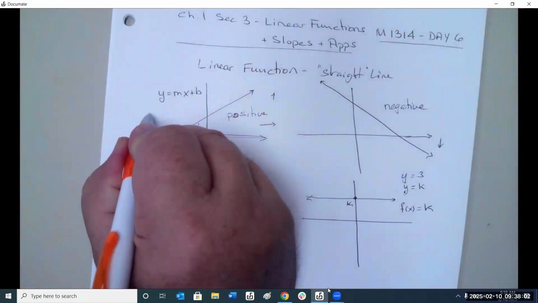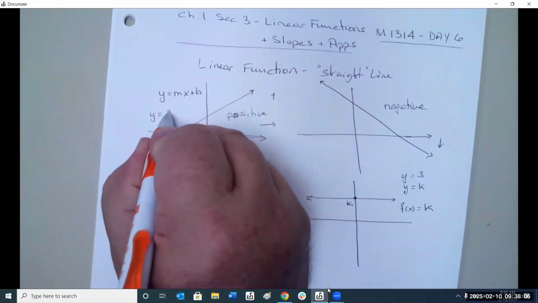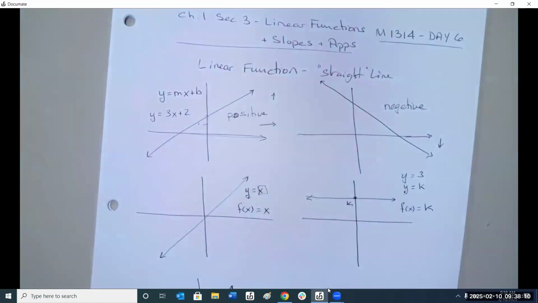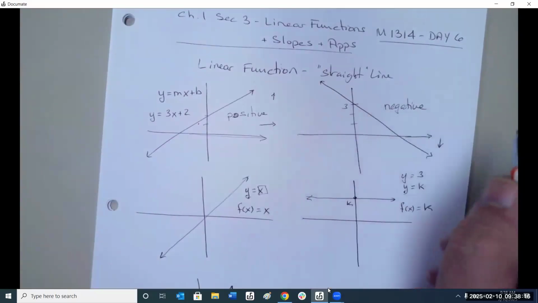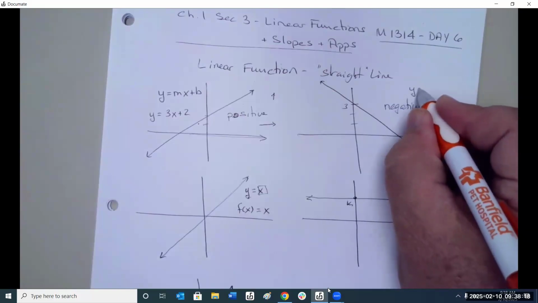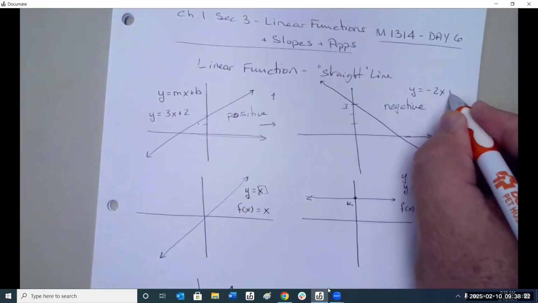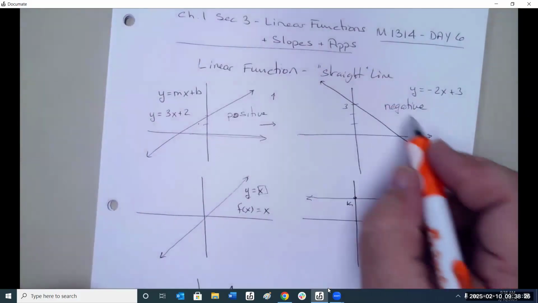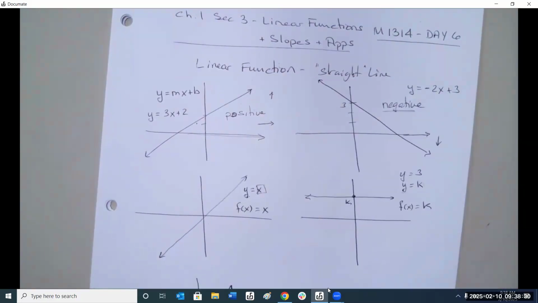In this case, y is positive, so let's say something like 3x plus, let's say 2. This one, since it's a negative equation, it's going down, the slope is negative.